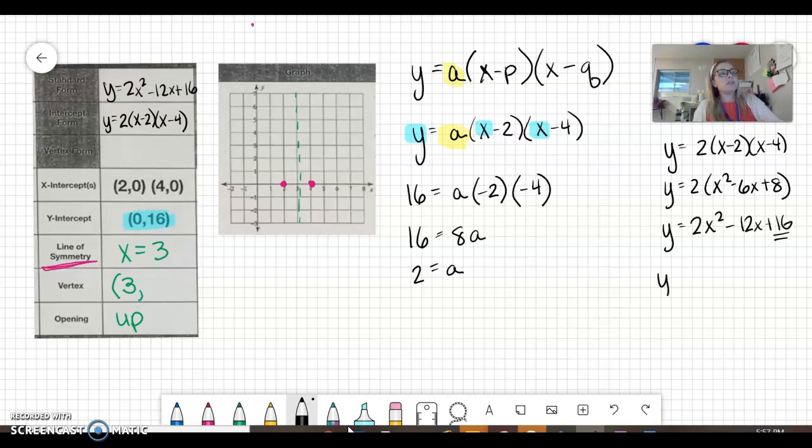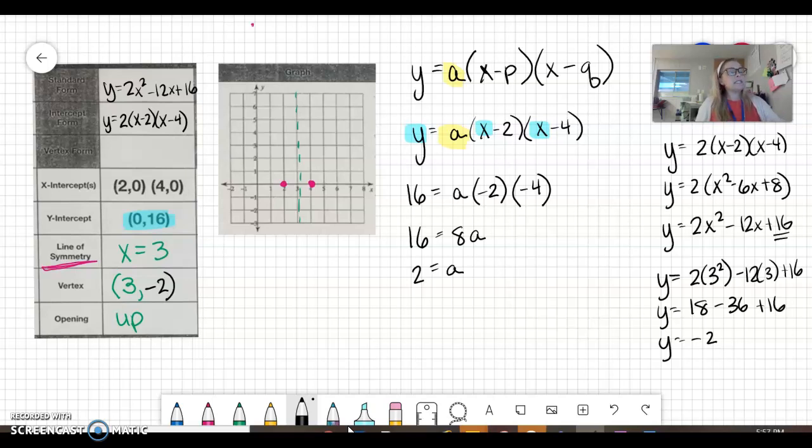So let's go ahead and do that. We don't know what the y value is, but 3 squared minus 12 times 3 plus 16. That's 9 times 2, that's 18, minus 36 plus 16. That's negative 18 plus 16 is negative 2. So we're going to fill in that my vertex is 3 and negative 2.